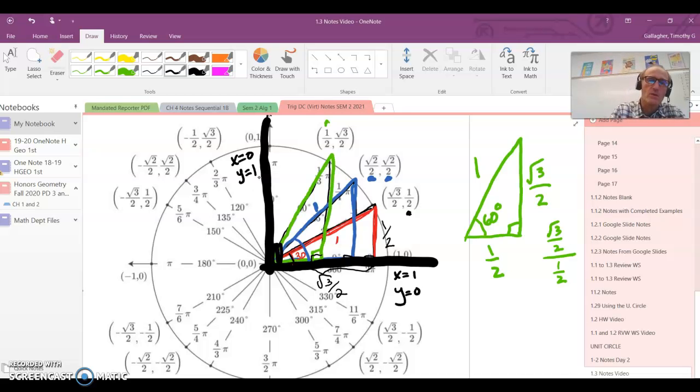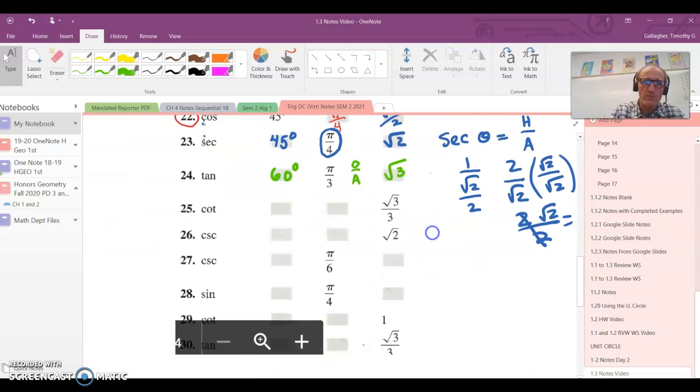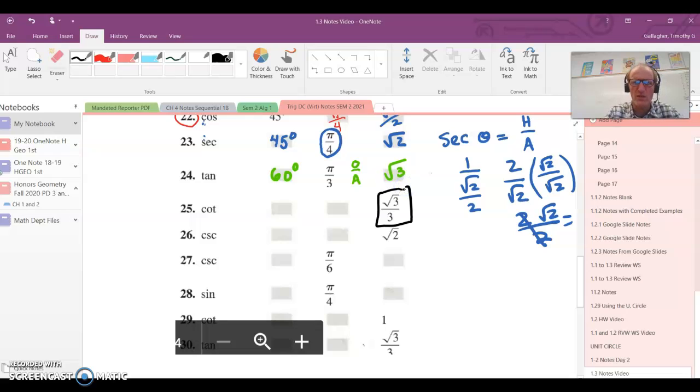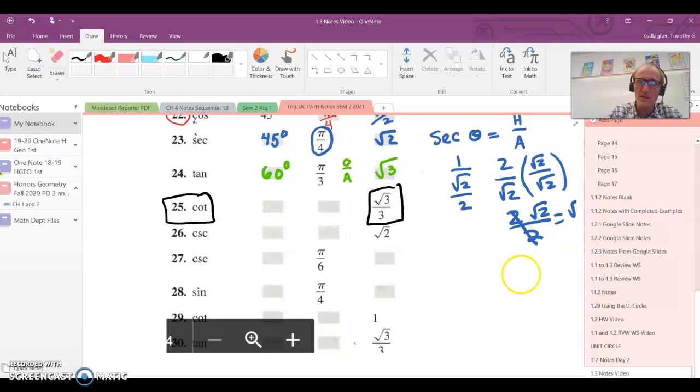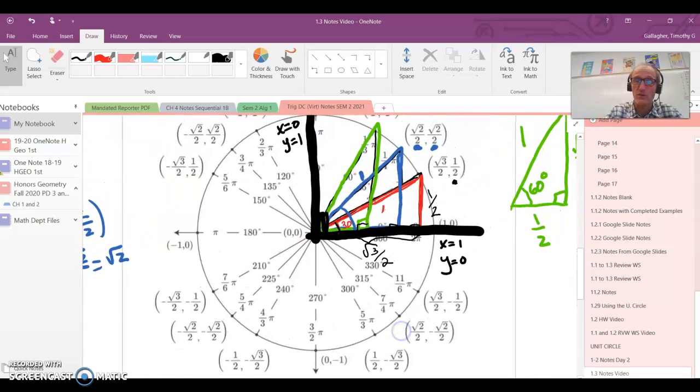Okay? So moving on, going back to this table, we sort of fill in the blanks here, try to figure out what's going on. Now, let's take a look at this one where we're given the value, the square root of 3 over 3, and we have the cotangent. So the cotangent of square root of 3 over 3, now that's a little tricky because it could be 30 degrees.